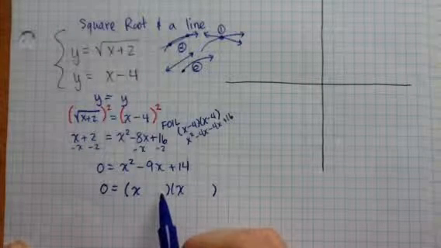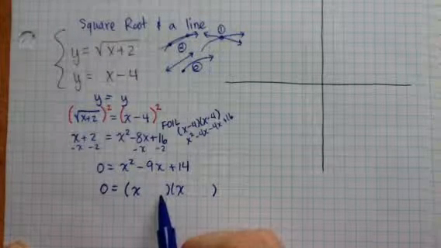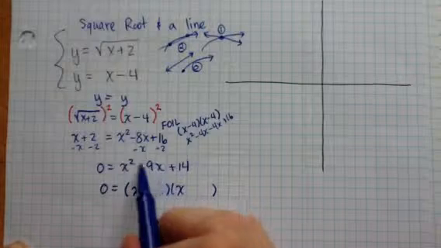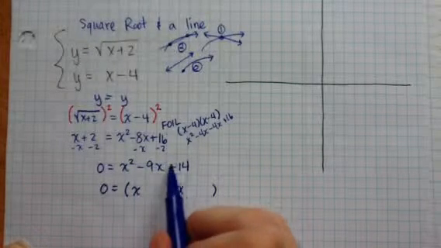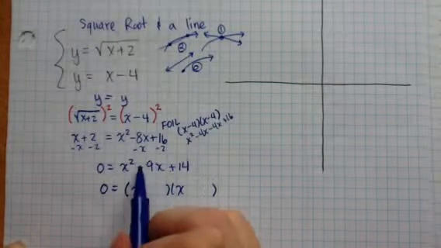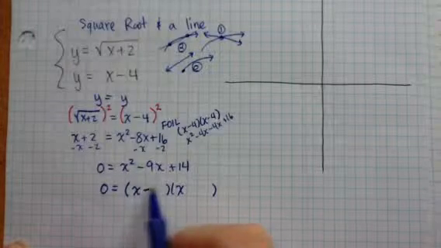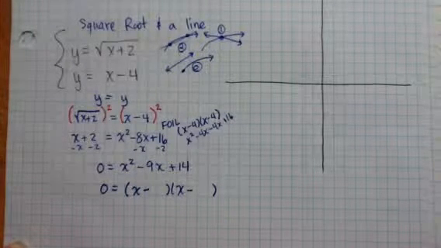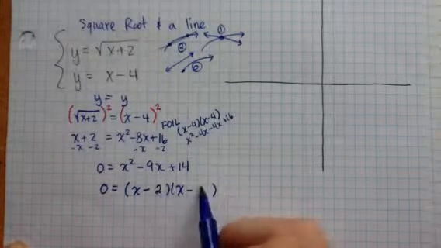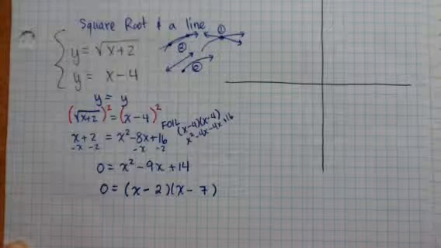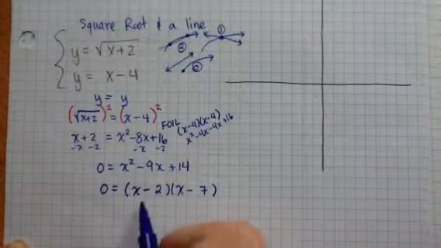My ending could be a 1 and a 14 or a 2 and a 7. But I'm seeing that I have to have two signs the same, and both signs have to be negative. So negative, negative. And I know that 2 and 7, if I use those, that's going to give me the 9 for the middle. So that's what I'm going to go with.